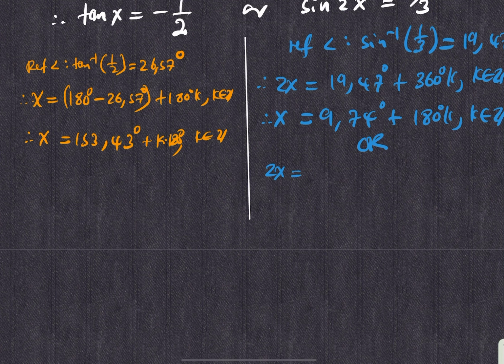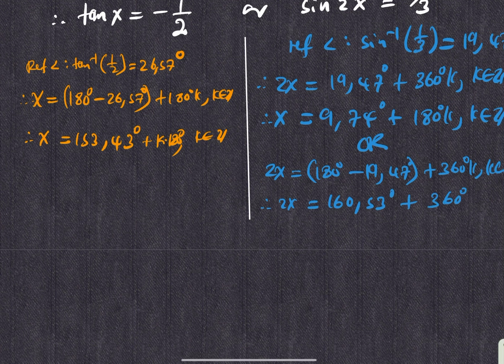So you're going to get 2x equals 180 minus the reference angle, plus 360 degrees k, where k is an element of integers. If I subtract, 180 minus 19.47, it's giving me 160.53 degrees plus 360 degrees k, where k is an element of integers.